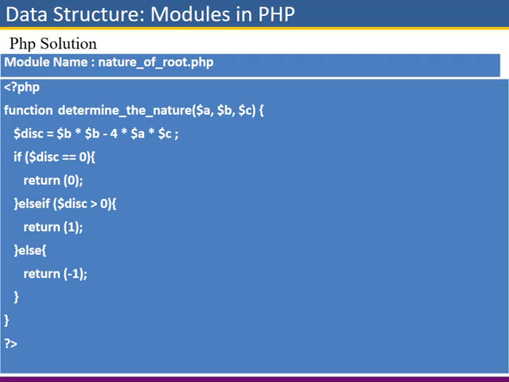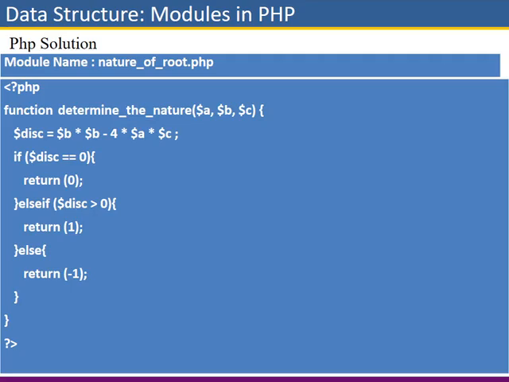In PHP we have the function keyword, function determine the nature, with the values starting with the dollar sign, for a, b, c, and we open the parenthesis.